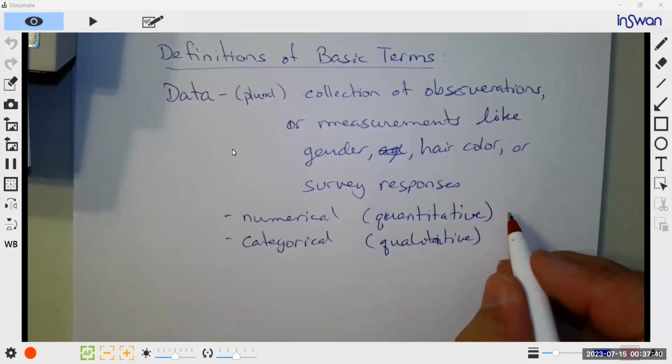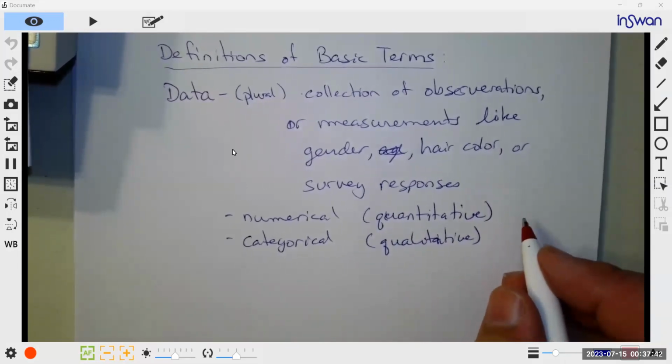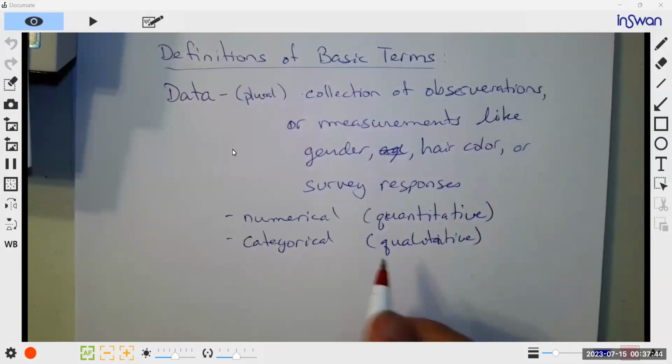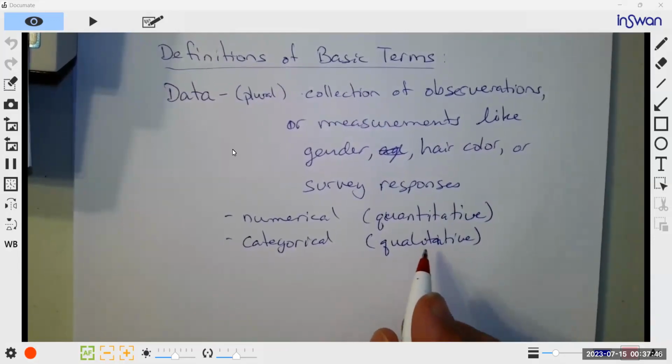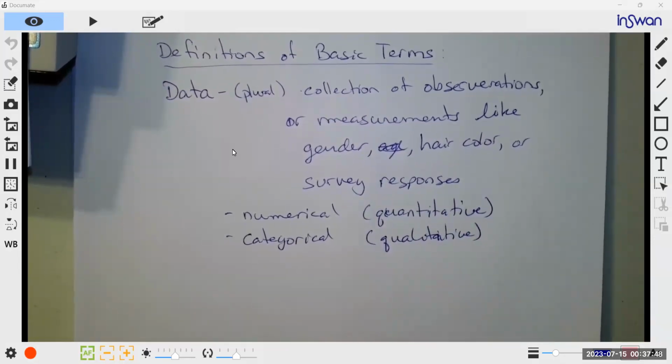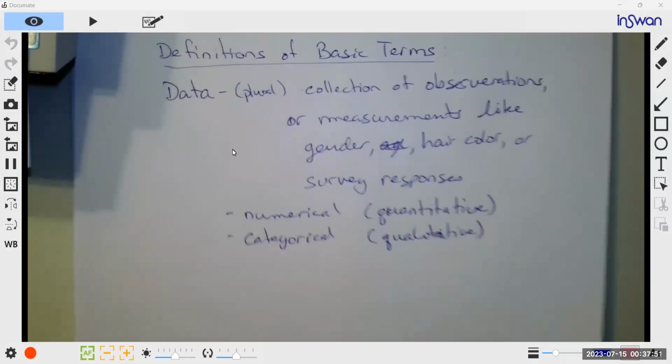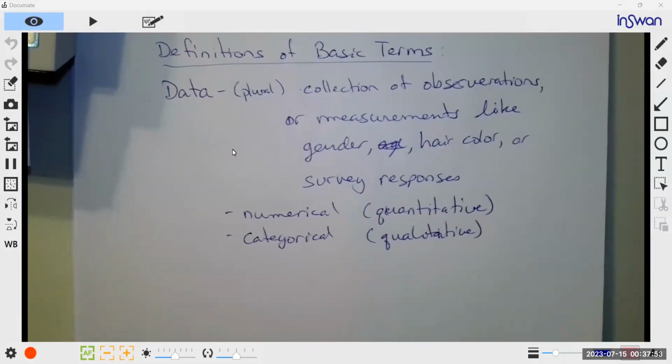Quantitative is numeric numbers you can do calculations with. You can add, subtract, multiply, divide. Qualitative are observations that we have to take and somehow quantify so we can analyze them.